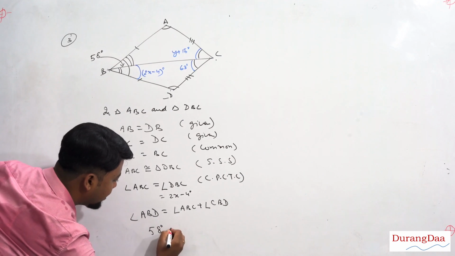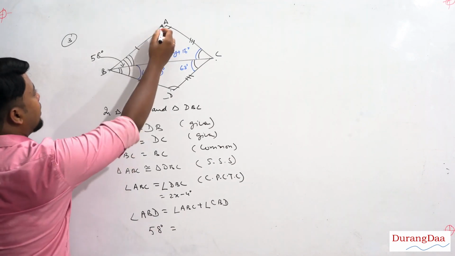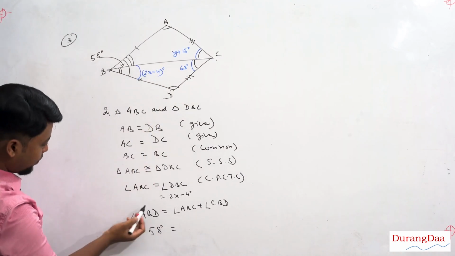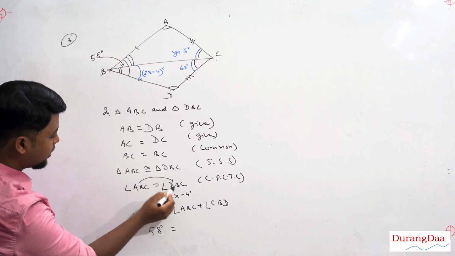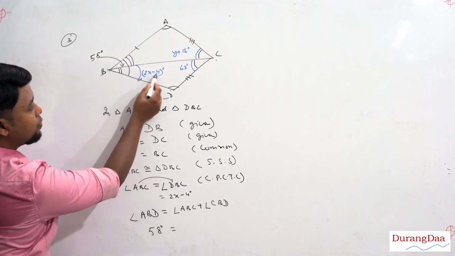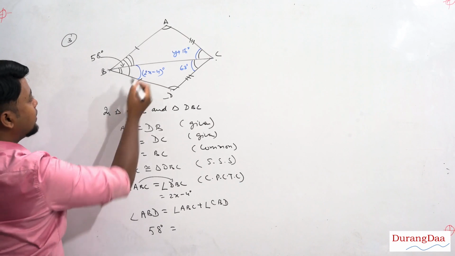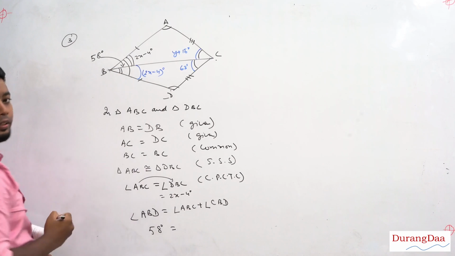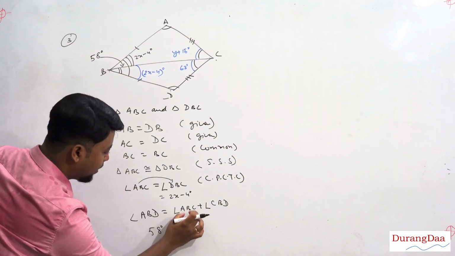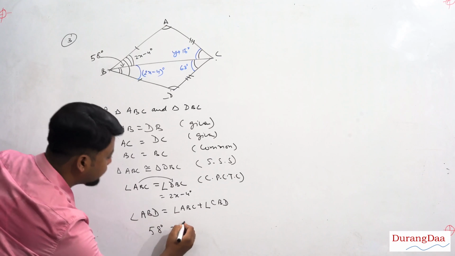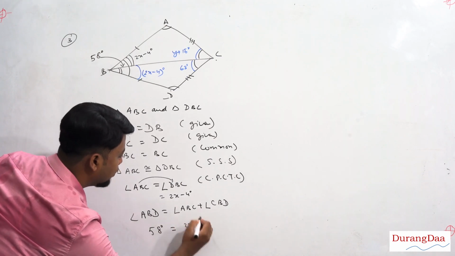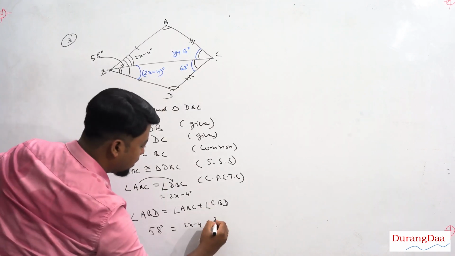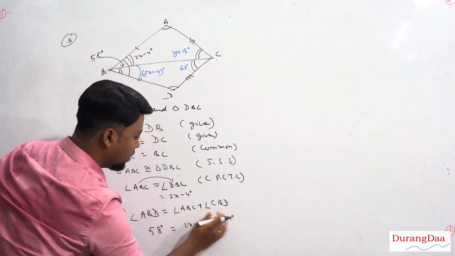ABD is 58 degrees. Then angle ABC is equal to angle DBC, and the value of angle DBC is 2x minus 4 degrees. It means if this is 2x minus 4 degrees, this also is 2x minus 4 degrees. Okay, so put the values. Instead of angle ABC, I'll write here 2x minus 4. Instead of angle CBD, again I'll write here 2x minus 4 degrees. These all values are provided here.